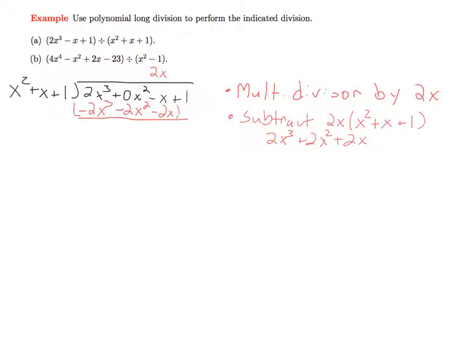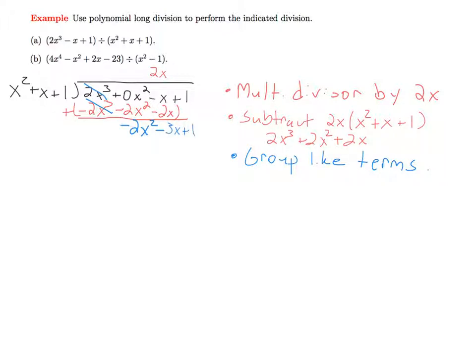And so now we're going to group like terms. And at this point, we better get the leading terms to cancel out. So we have these terms cancel, and what's left is minus 2x squared minus 3x plus 1.